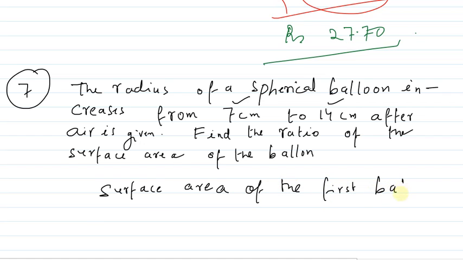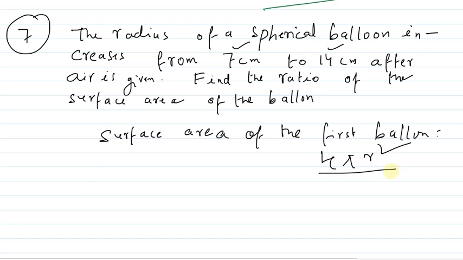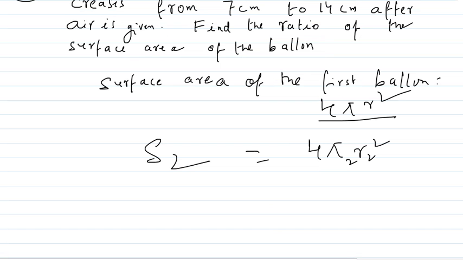It will be 4 pi r square. I will put the value. After that we take S2, surface area 2, here also 4 pi r square. After that we can write S1 is to S2, then the answer will come out.